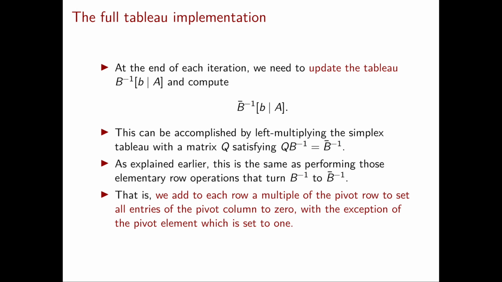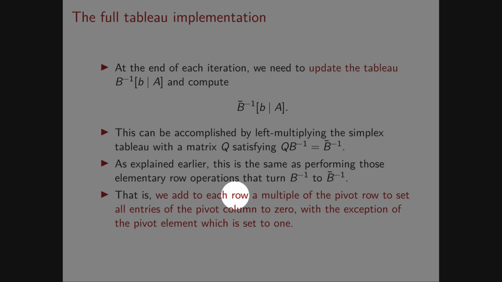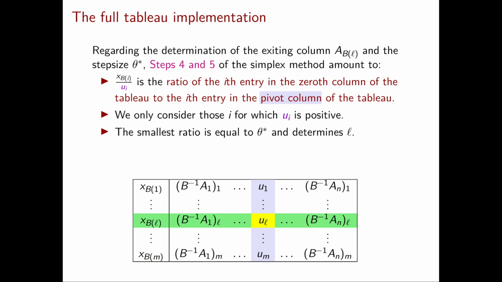Therefore, our elementary row operations can be stated as follows. We add to each row a multiple of the pivot row to set all entries of the pivot column to 0, with the exception of the pivot element, which is set to 1. So you see how we are rephrasing the operations that we need to perform inside the full tableau.